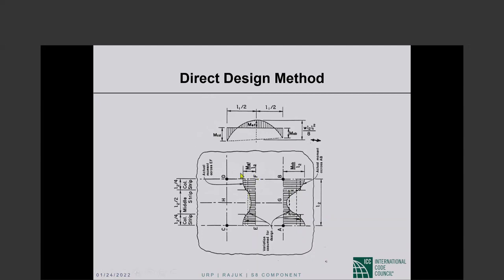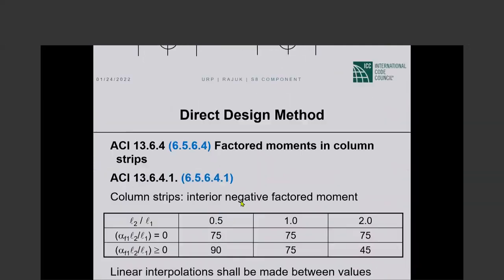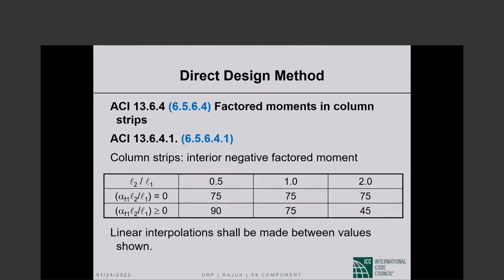And when it comes to the span section, we assign 60% of the positive moment to the two half column strips and 40% of the positive moment to the middle strip. So that is the distribution in the transverse direction. At the support section, it is 75-25 distribution between column strip and middle strip. In the span section, it is 60-40 distribution between column strip and middle strip. Okay.